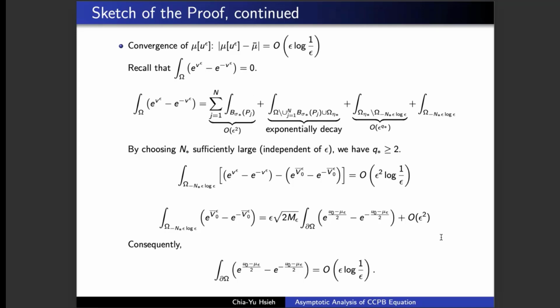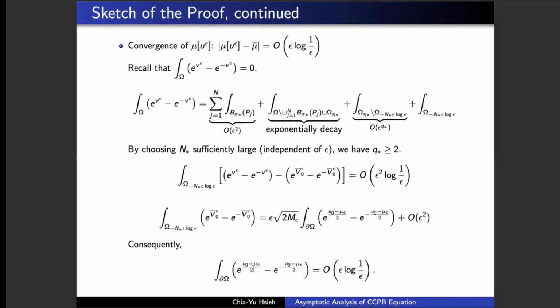So we can combine all this together to conclude that this is epsilon square, this is exponential decay, this is a high order of epsilon, this is epsilon square. They are all higher order of epsilon. And this is epsilon square log 1 over epsilon. This is epsilon times this integral. So this integral is of order epsilon log 1 over epsilon.